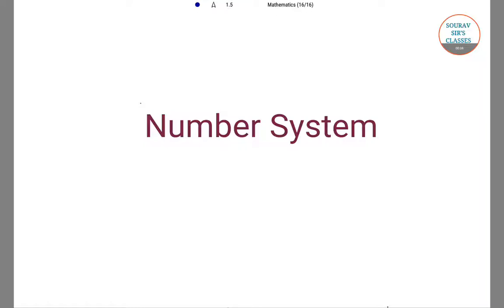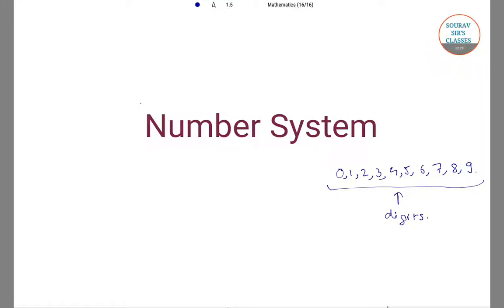The topic of this video is number system. In Hindu-Arabic system, we use the symbols from 0 to 9 to write the numbers. These symbols are called digits. These symbols are written from right to left to write a number.